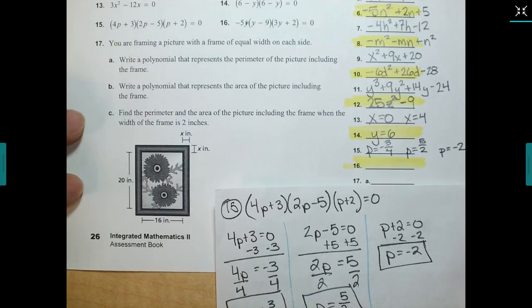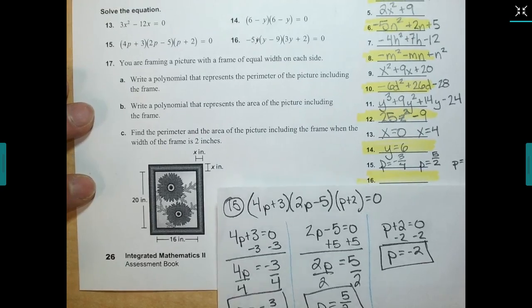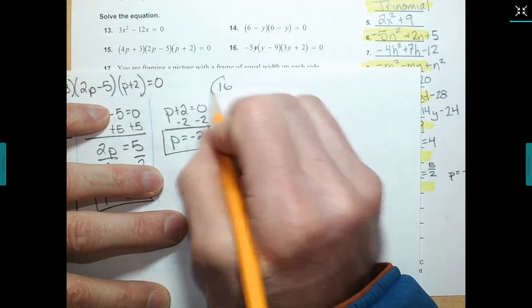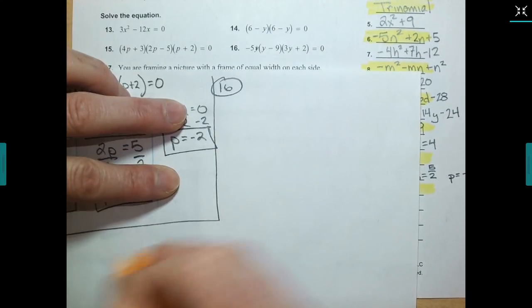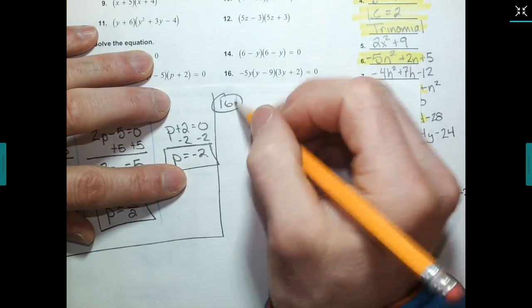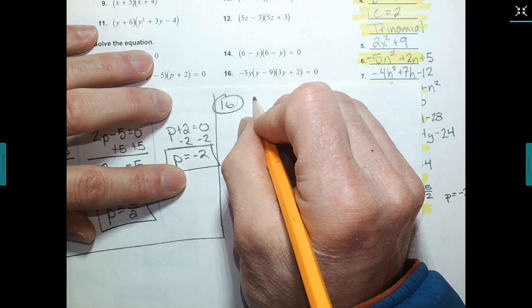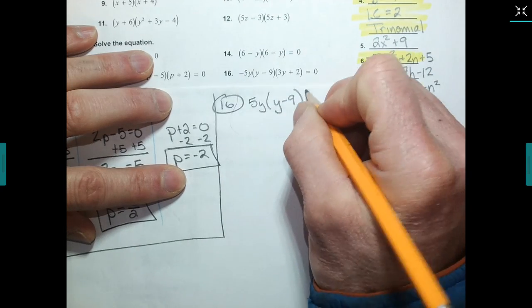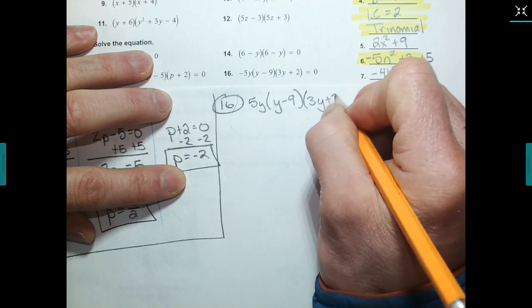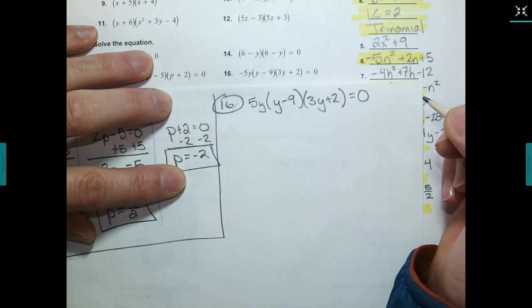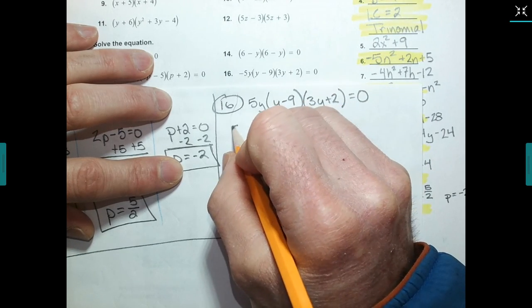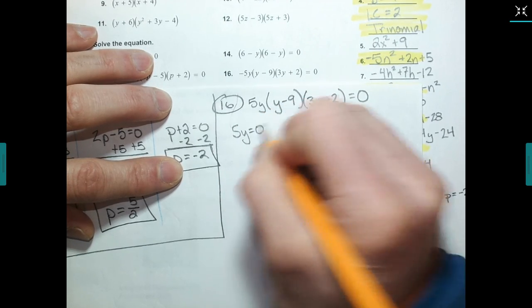All right, and the last one you're required to do is number 16. So for this one, I have 5y times y minus 9 times 3y plus 2 equals 0. Again, 3 different equations. 5y equals 0.